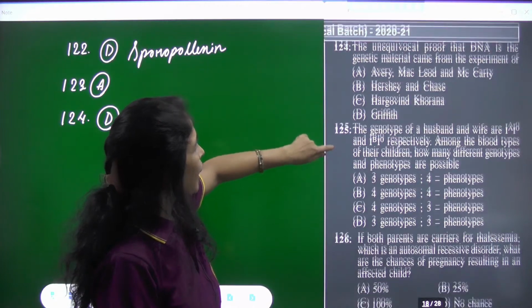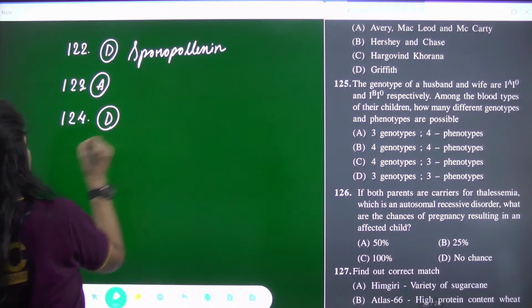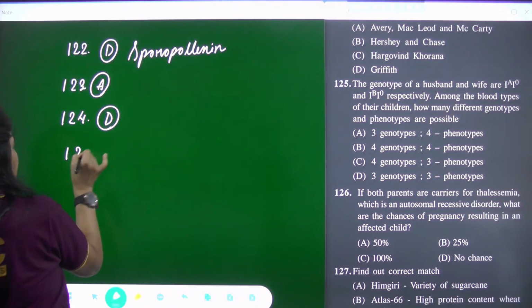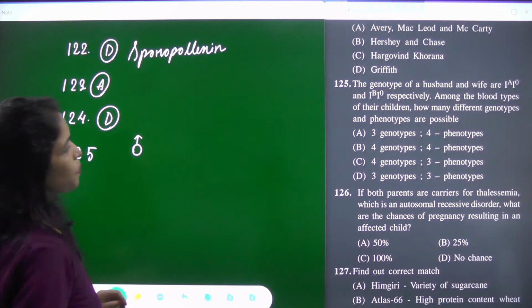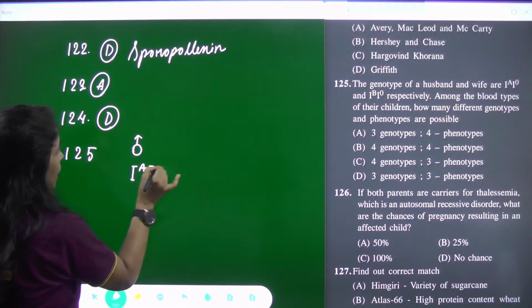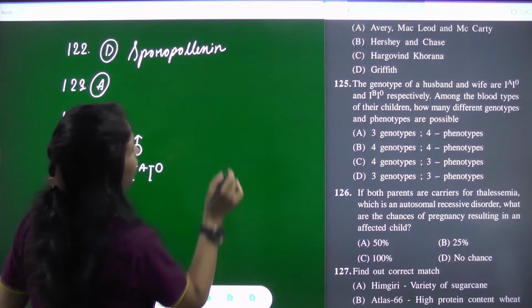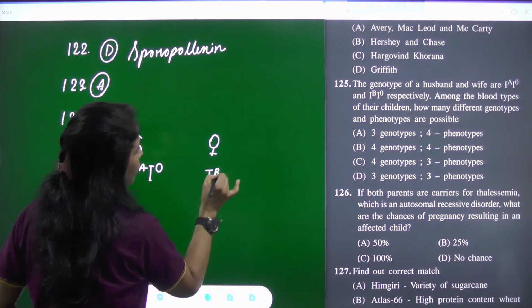Then question number 1 to 5, genotype of a husband and wife, questions on blood group. Husband का genotype क्या है? IA and IO. Wife का क्या है genotype? Female का IB, IO.